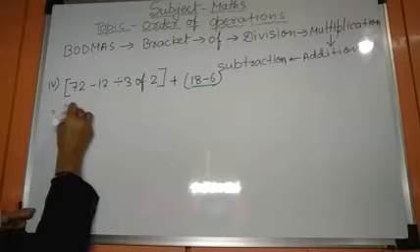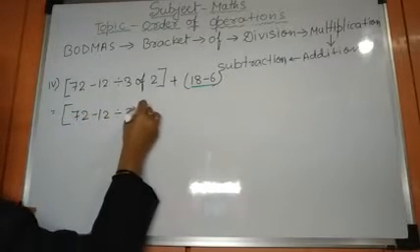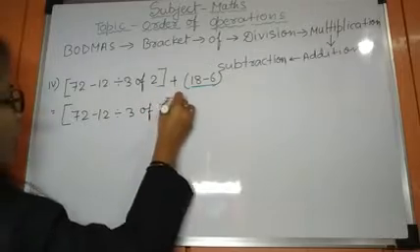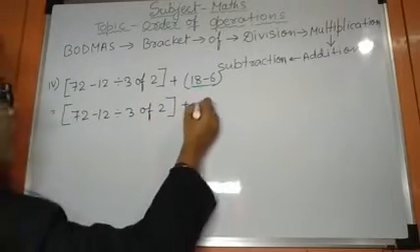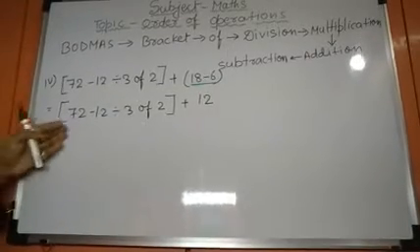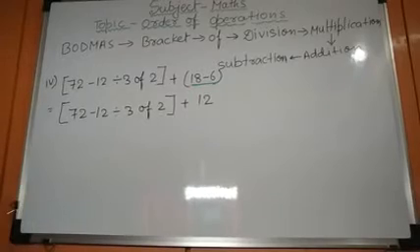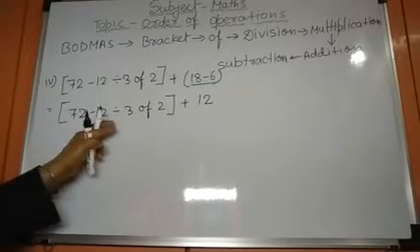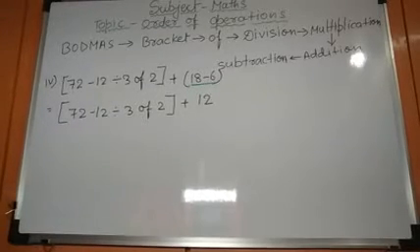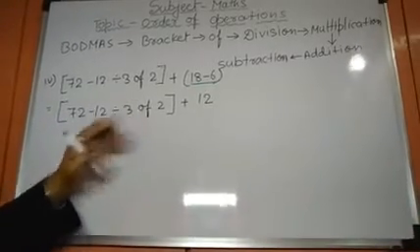Whatever is there, 72 minus 12 divided by 3 of 2 plus 18 minus 6, that is 12. Fine. Now we will start doing the work of this square bracket. Under this square bracket, many operations are there. You can see subtraction is there, division is there, of is there.